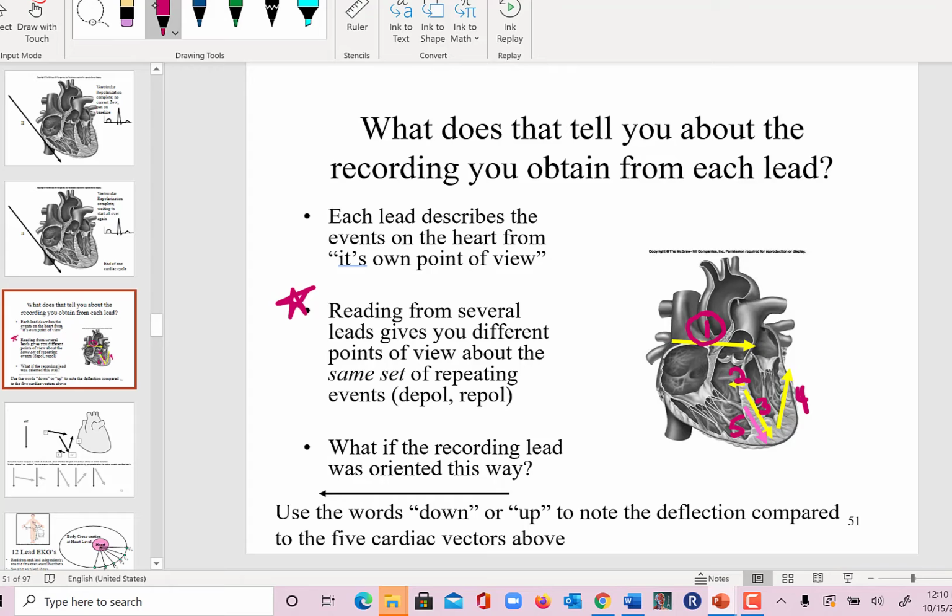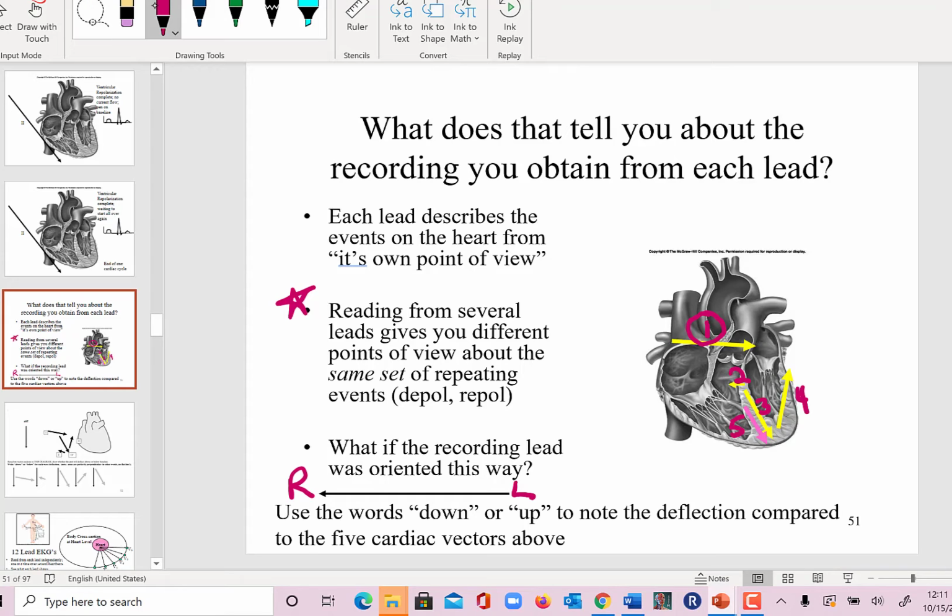Now, what if we had a recording lead that pointed in this direction instead of right to left? It pointed from left to right. Remember, this is the patient's left and this is the patient's right. You must remember anatomical position.